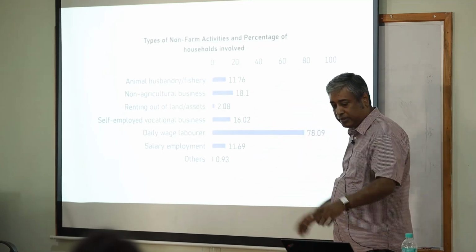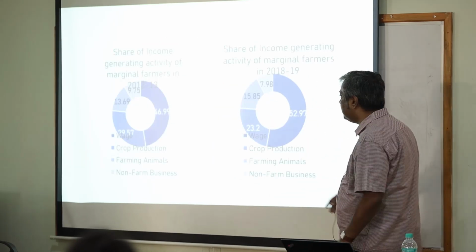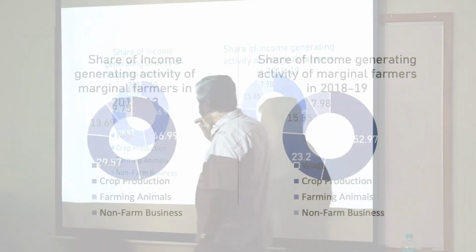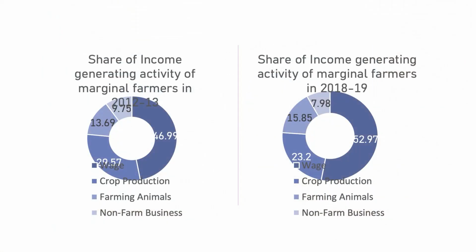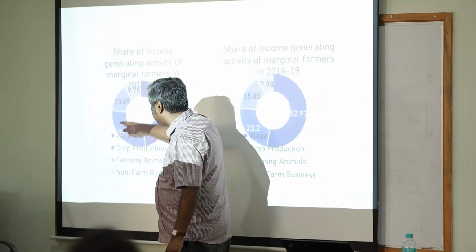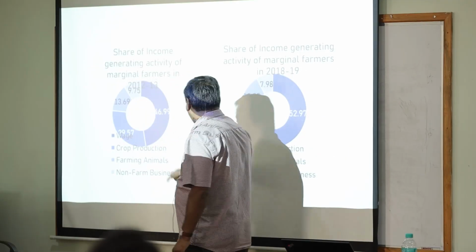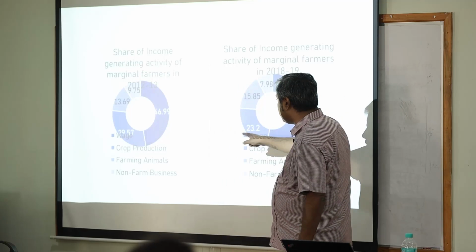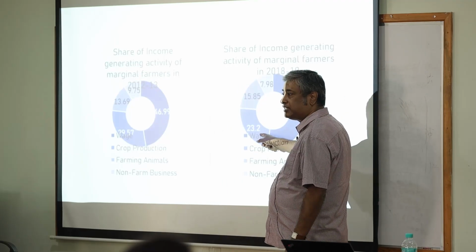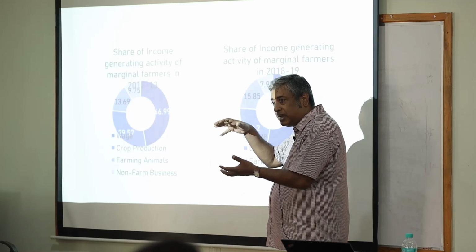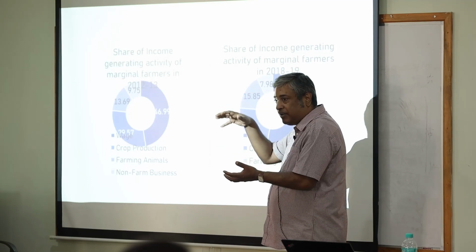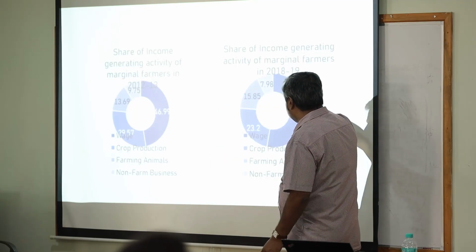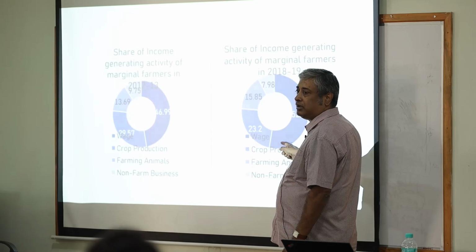But most importantly, in the 2012-13 round, 47% was earning from wage labor, and less than 30% was earning from crop production. This 29% has gone down to 23%. That means their earning from crop sales has become less, and their earning from wage labor has become more.